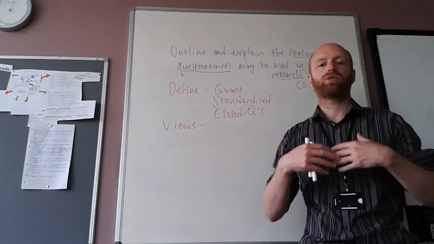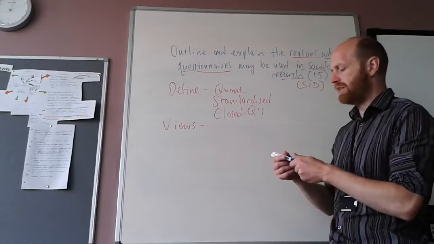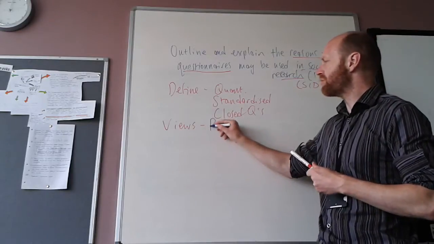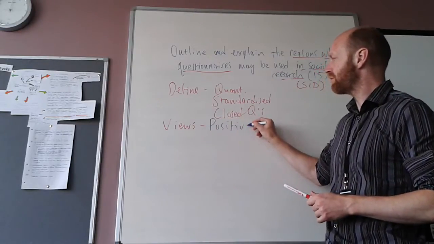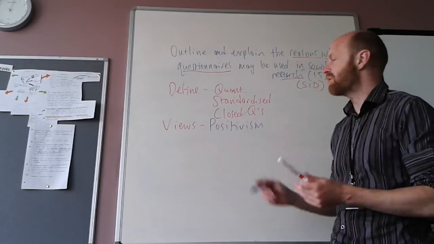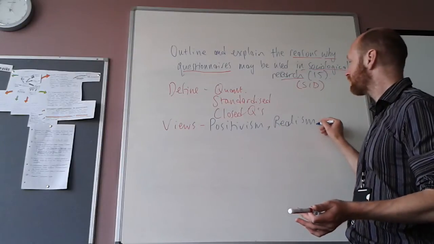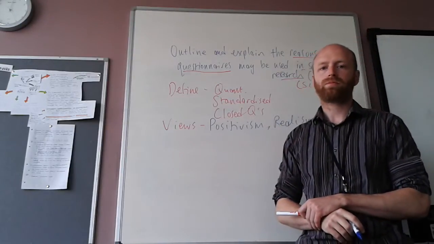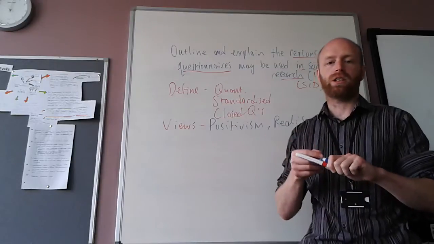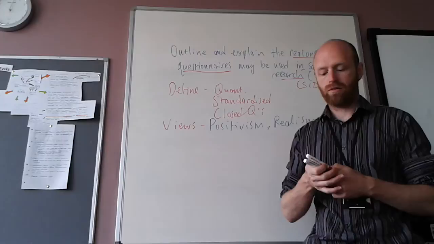For a 15 mark question, focus on the strengths of the method. So, in terms of views, positivists can be referred to. You could refer to realists. Okay, those methodologies are main views in the debate that we could refer to.